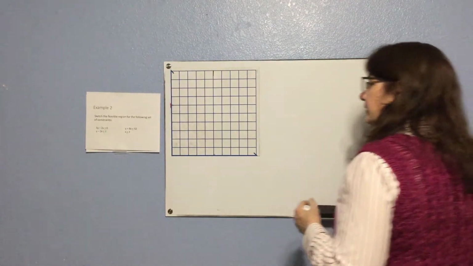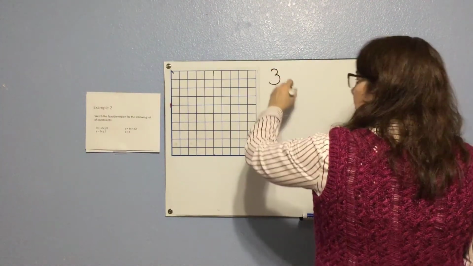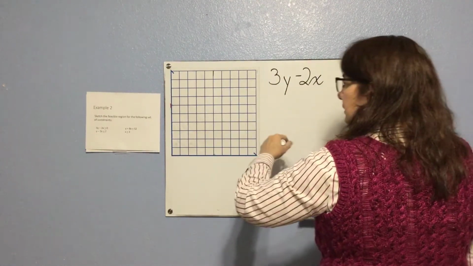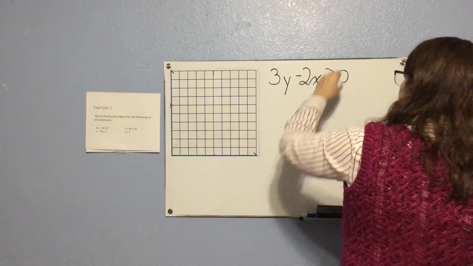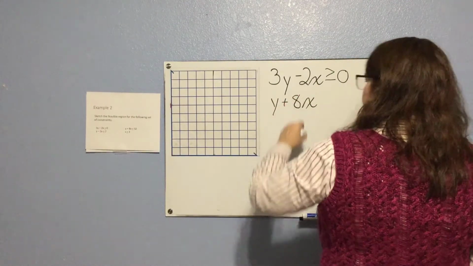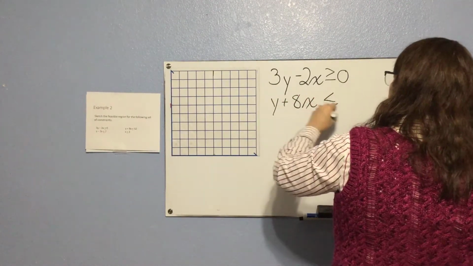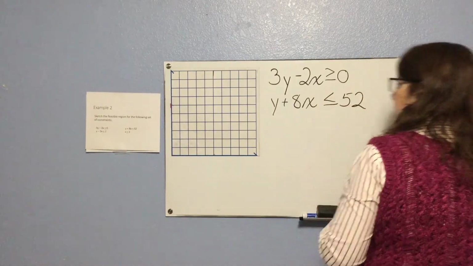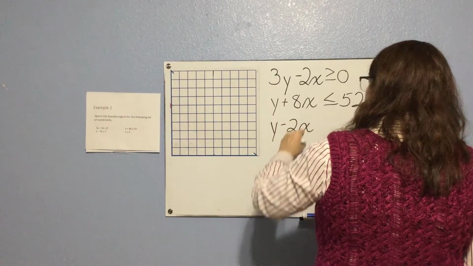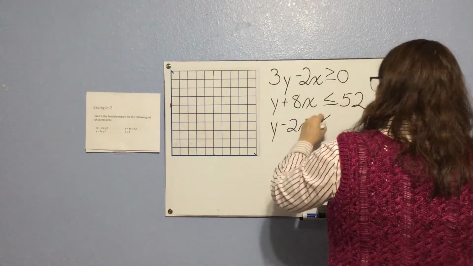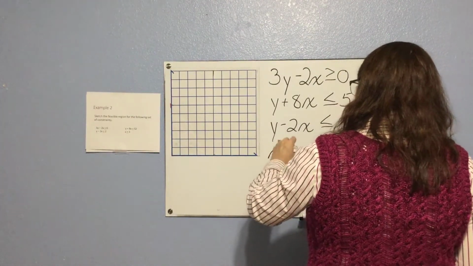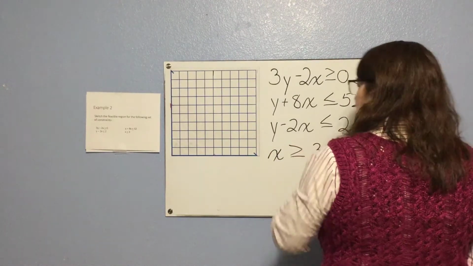So I'm going to just sketch a feasible region. 3y minus 2x greater than or equal to 0. y plus 8x less than or equal to 52, y minus 2x less than or equal to 2, and x greater than or equal to 3.